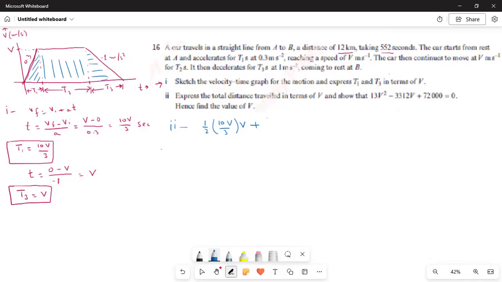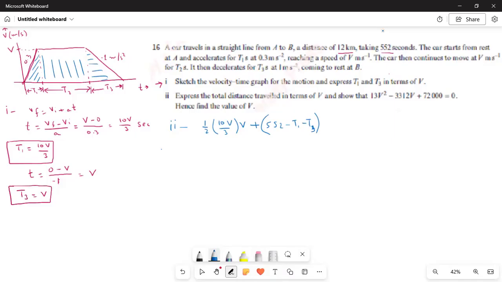Now t2 is basically 552 minus t1 minus t3.